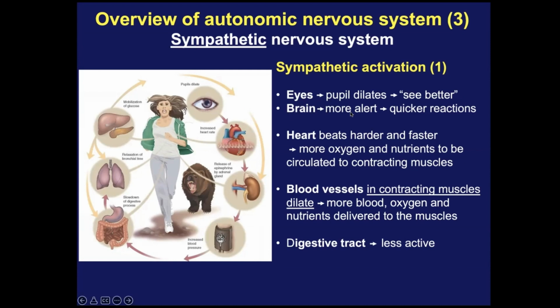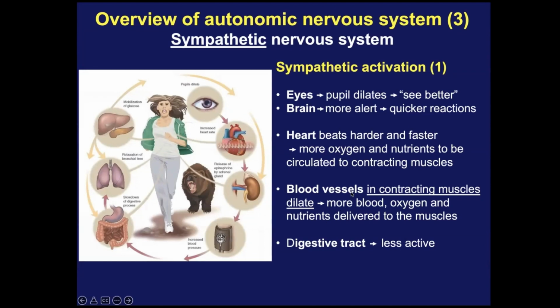Also, the brain becomes more alert for quicker reactions during these responses. And the heart beats harder and faster so that more oxygen and nutrients can be circulated to the contracting skeletal muscles through the blood.